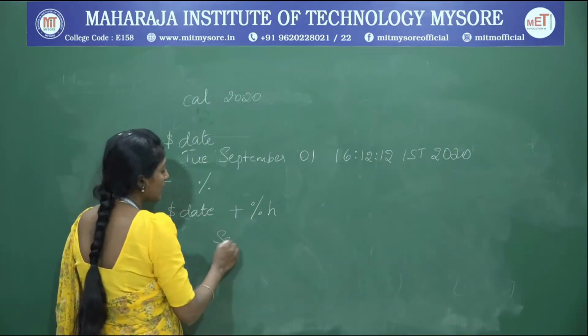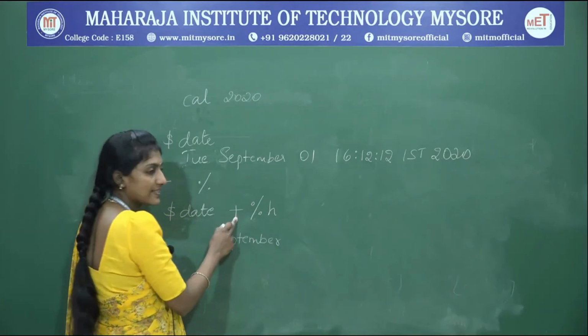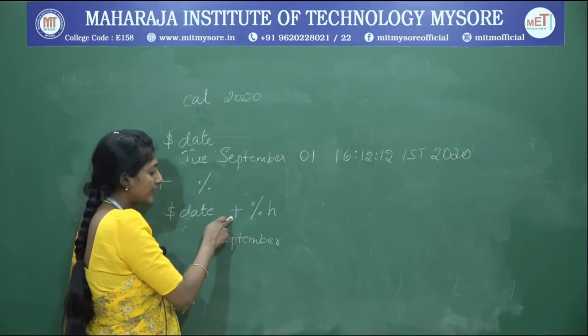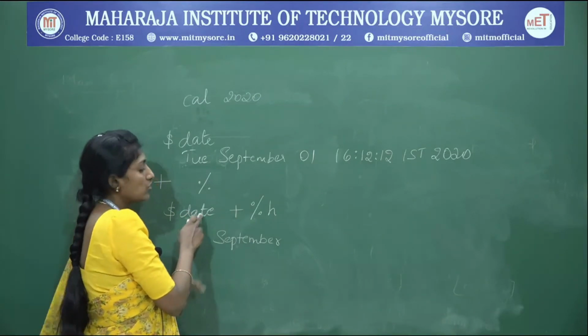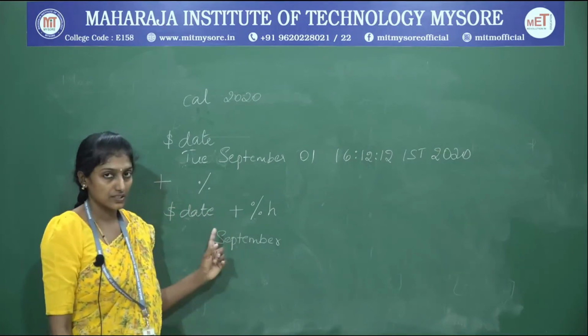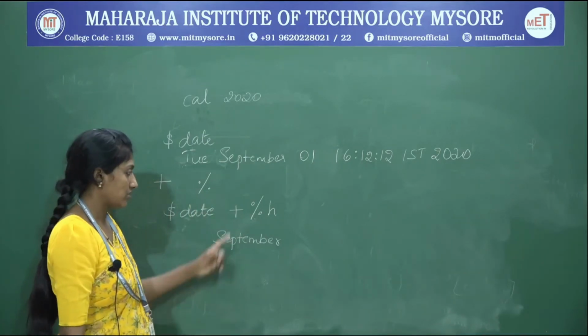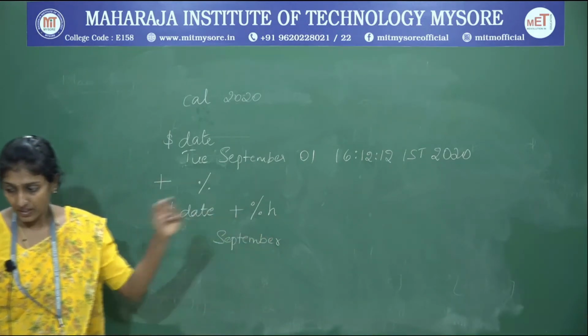The current month is September, so this is going to be displayed. The plus here always is going to append the month in that particular date command. So if I want to display the month's name, I have to use this H.